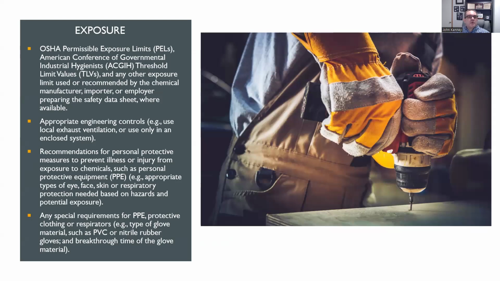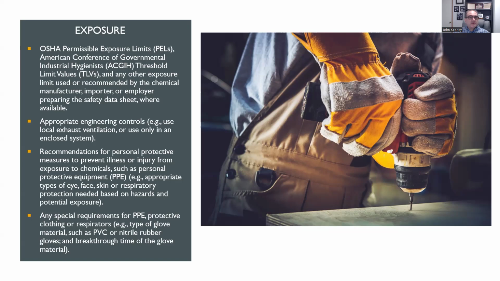Exposure. OSHA permissible exposure limits, American Conference of Governmental Industrial Hygienists threshold limits, and other limits as a manufacturer or employer preparing safety data sheets, where available. Appropriate engineering controls, for example, use of local exhaust ventilation or use of any closed systems.